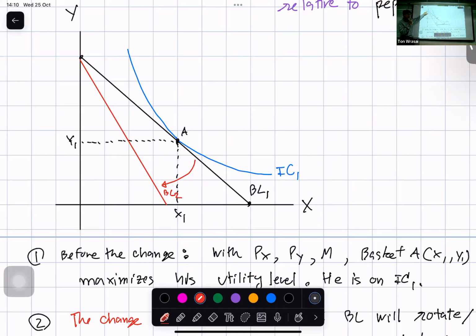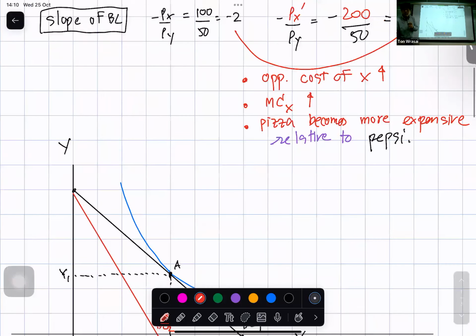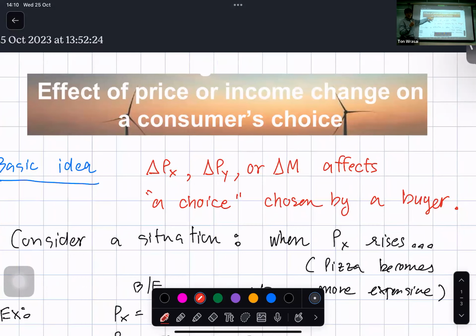That is what he can spend his income on at the frontier. A is not possible. Then his new choice, we are talking about the effect of a price change on consumer choice.